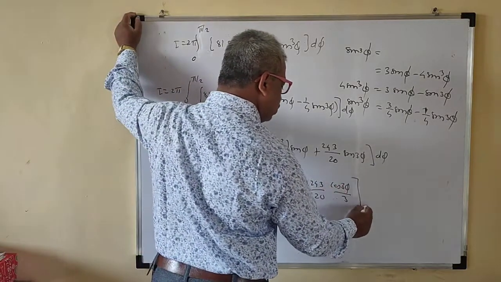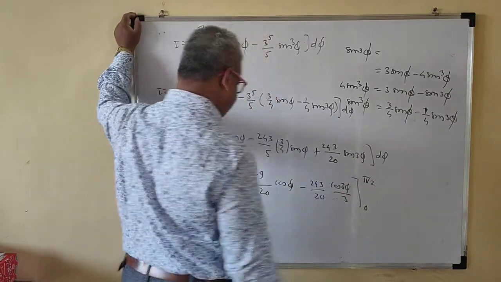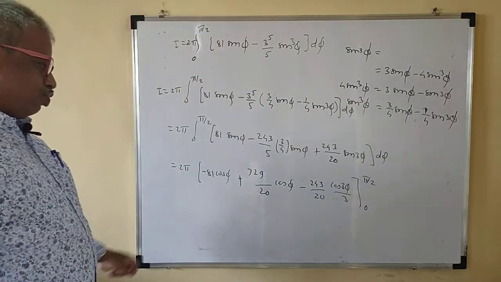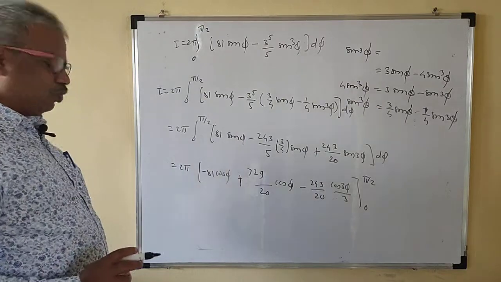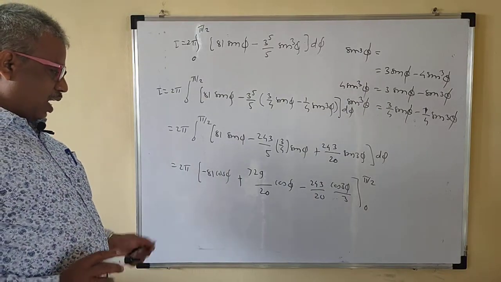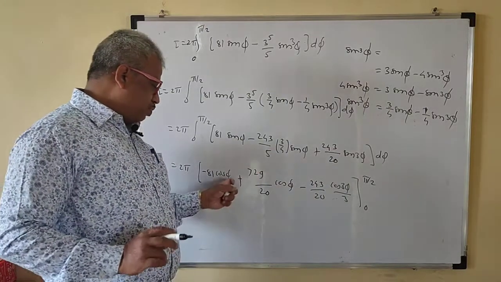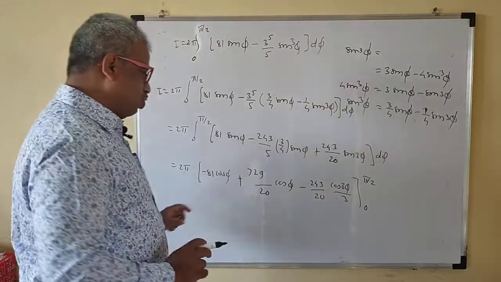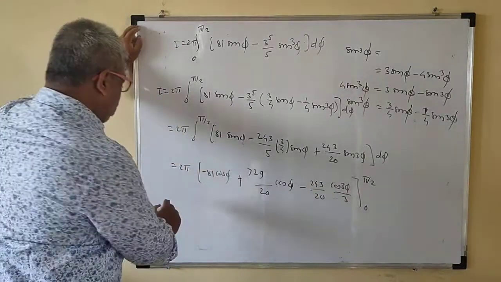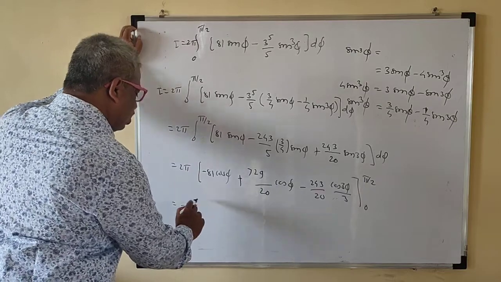Okay, so then this is what? 0 to pi by 2. You know that cos pi by 2 is 0 and cos 0 is 1. If you put pi by 2, cos 3 pi by 2 is also 0. Only I have to put the lower limit, so I have to write the minus sign there, because of the lower limit.